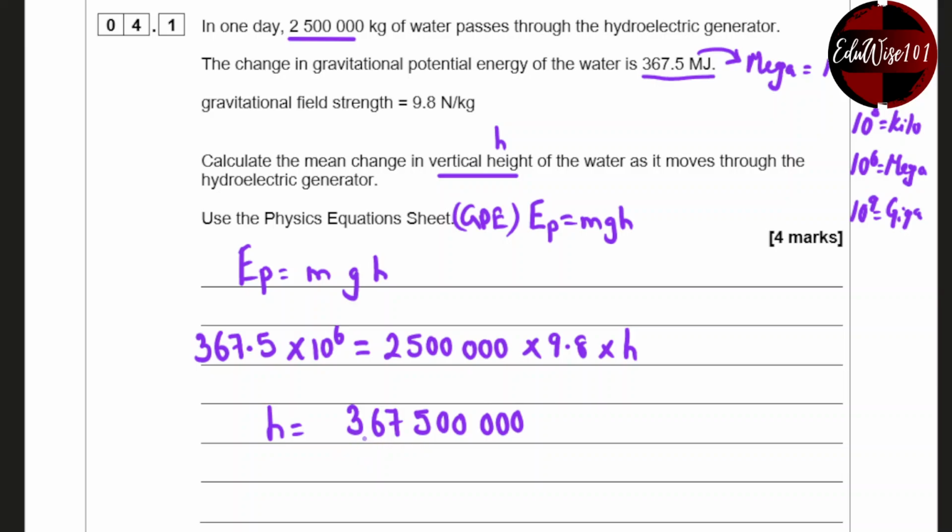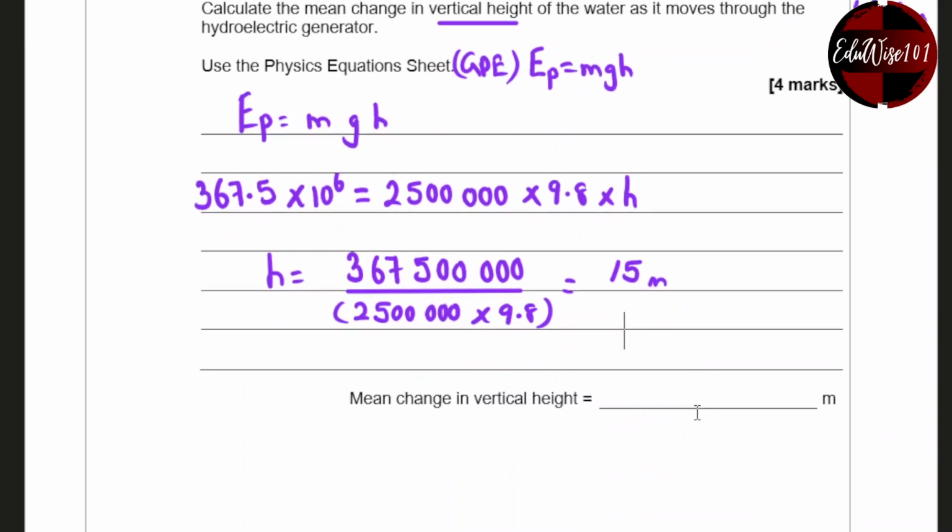That's 367,500,000 divided by 2,500,000 multiplied by 9.8, and that would give me an answer of 15 meters.